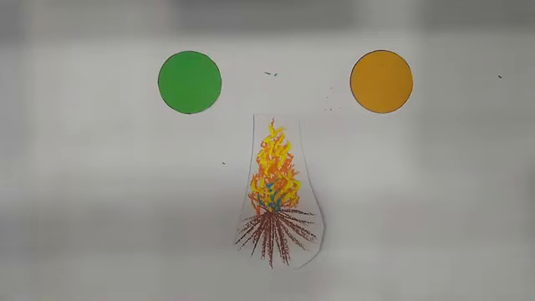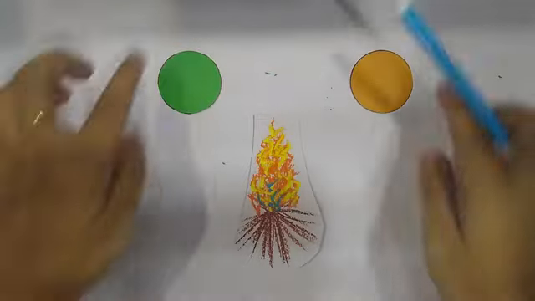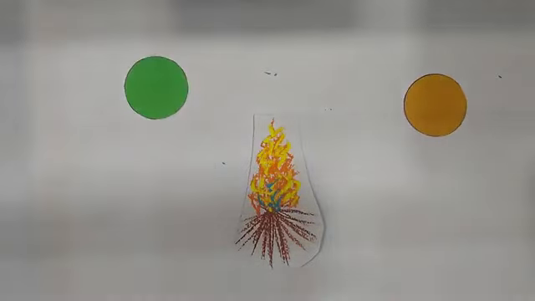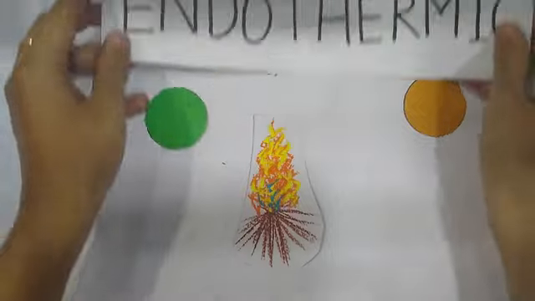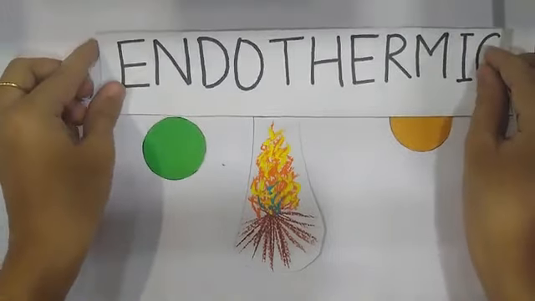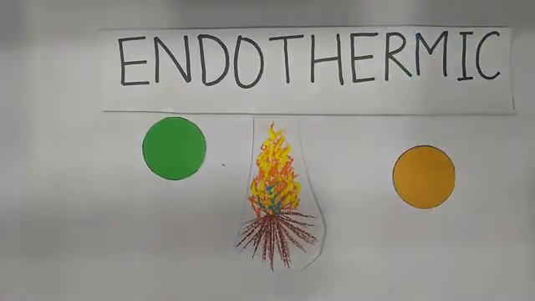So whenever a form of energy is required for you to break compounds, then it is called an endothermic process, right? Previously under combination we learnt about exothermic. Here we will be learning about endothermic.